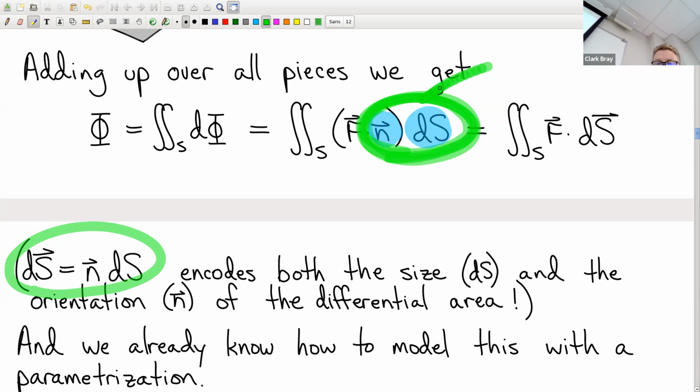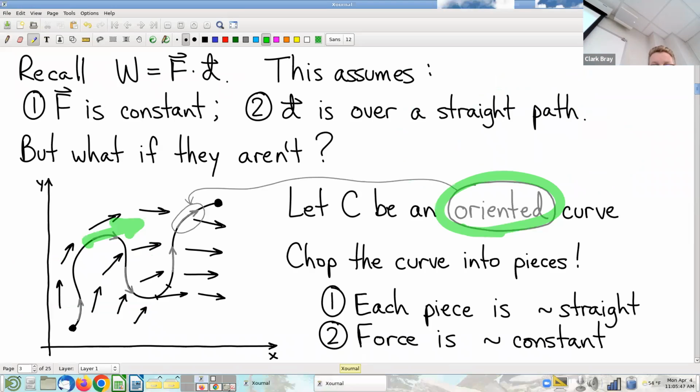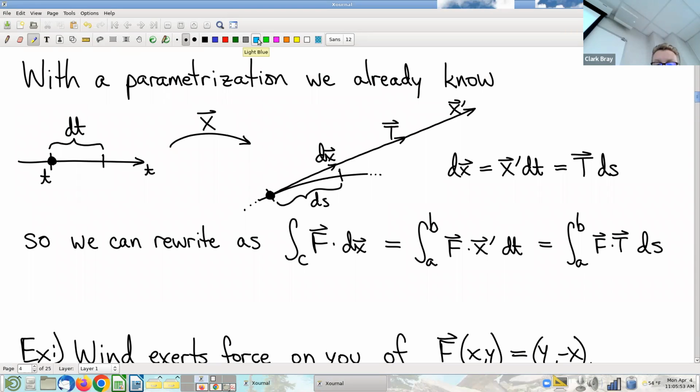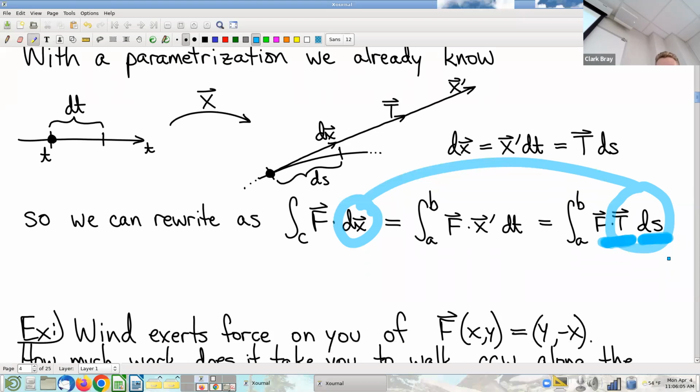And so it makes sense, I think, to give this a name. I call it the dS vector. This is pretty standard. I think our book is using the same notation, if I remember correctly. It's just a notational convenience. The dS vector is the orientation times the area. And just for comparison, note that we did something analogous with line integrals. The dx vector is the orientation tangent vector times the size in the form of dS scalar. So same deal, just surfaces instead of curves.